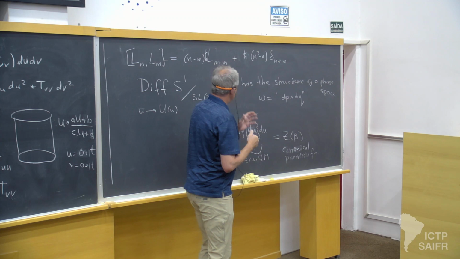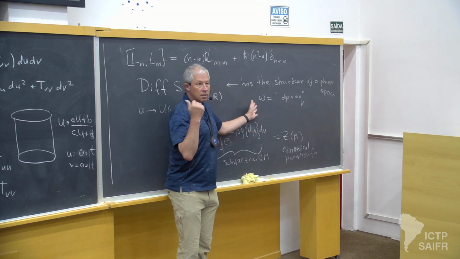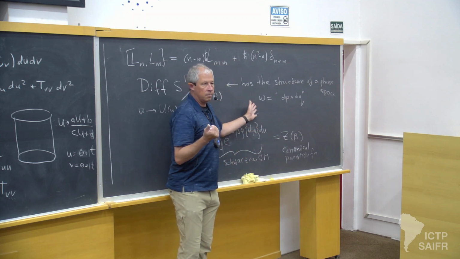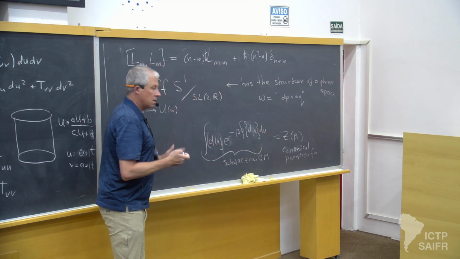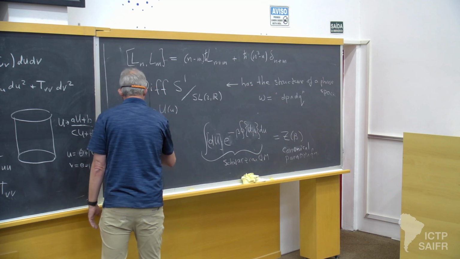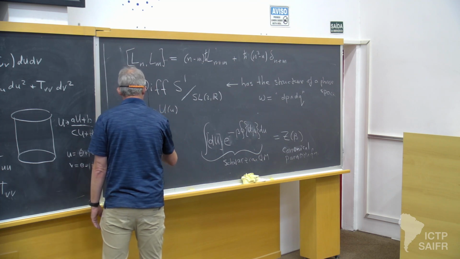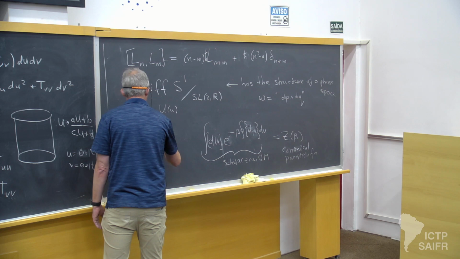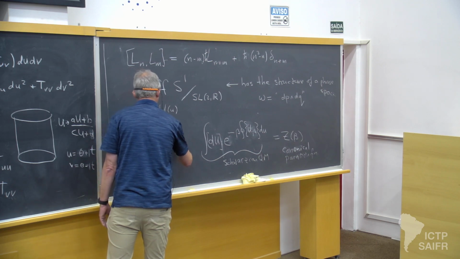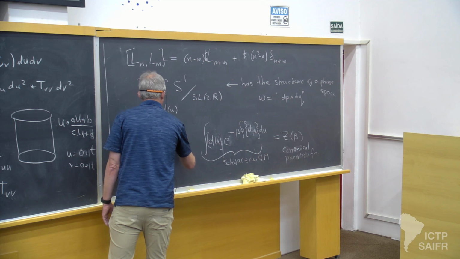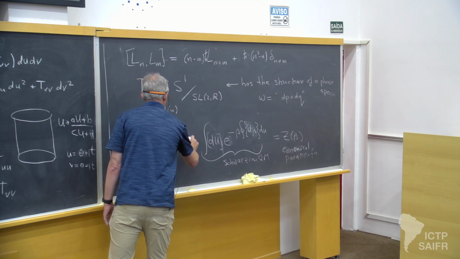And the claim is that I can write down a particular symplectic form, this thing is called, on this particular space, such that if I define the following functions, and I briefly had this thing on the board. This is big U and this is little u.